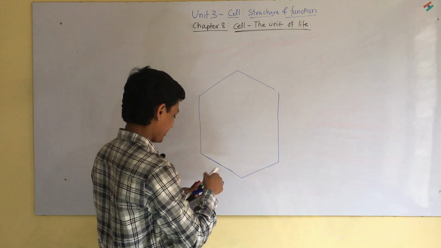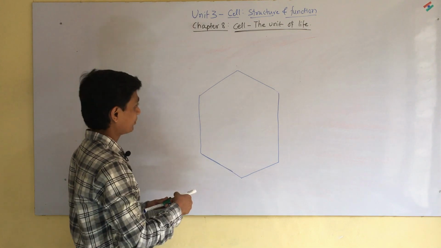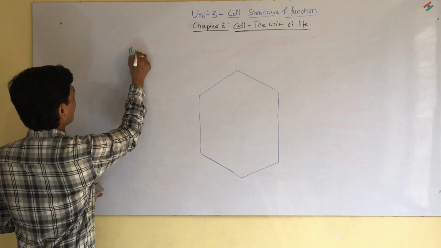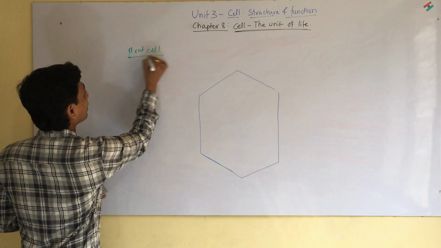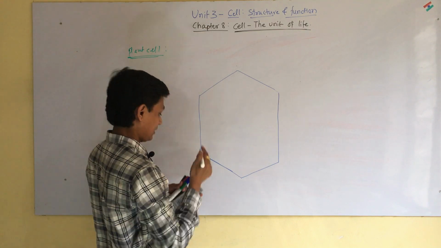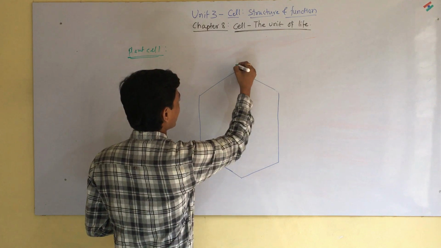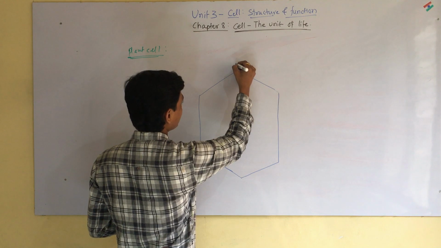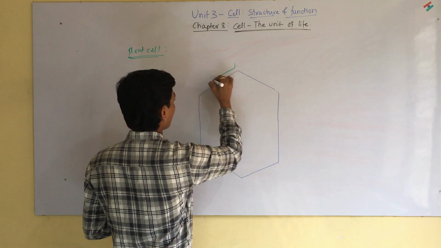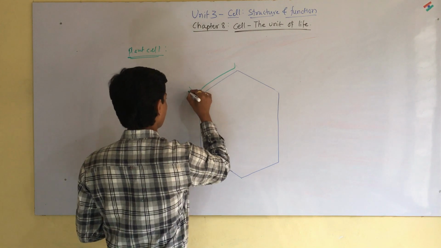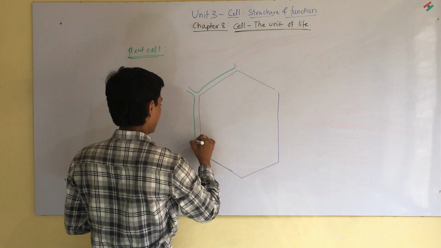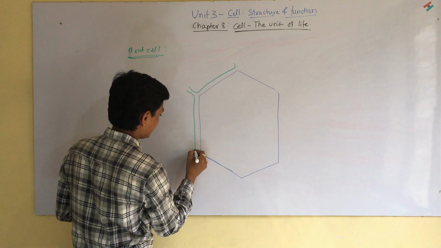This is the plasma membrane of the plant cell. And on the outer side of this plasma membrane, an extra layer is present known as cell wall.